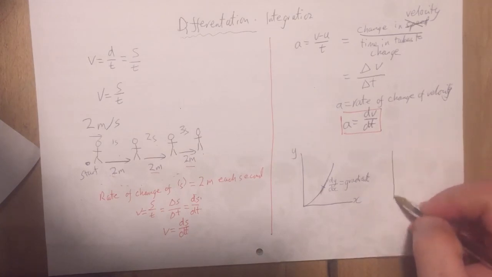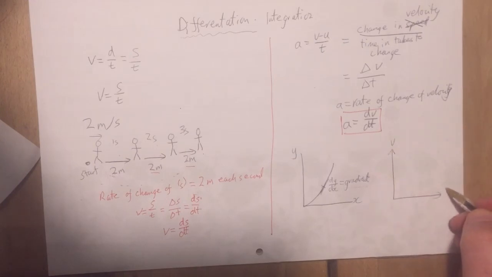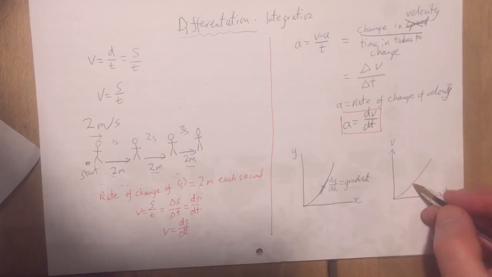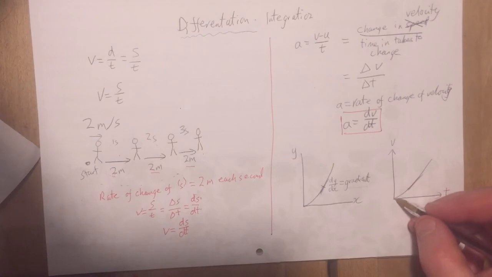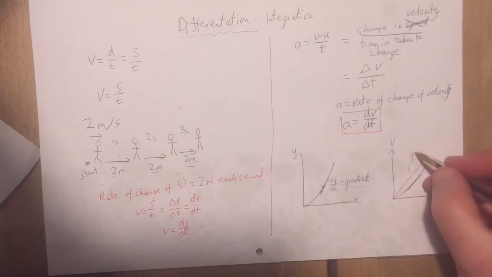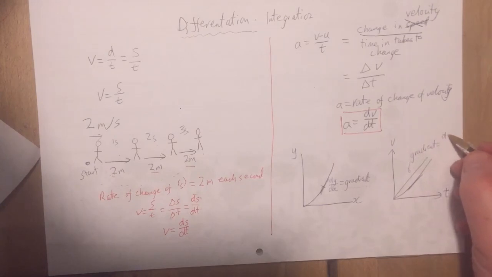So if we basically just change the letters and make this into a speed time graph, the gradient of this speed time graph, and it can be a straight line or it could be a curve, is going to be dv by dt.